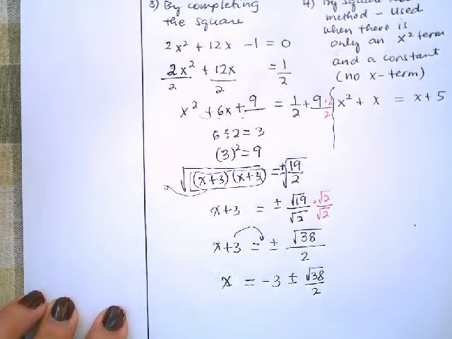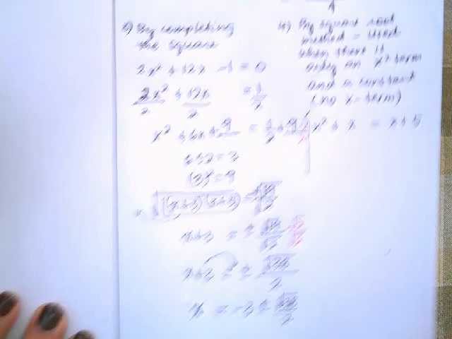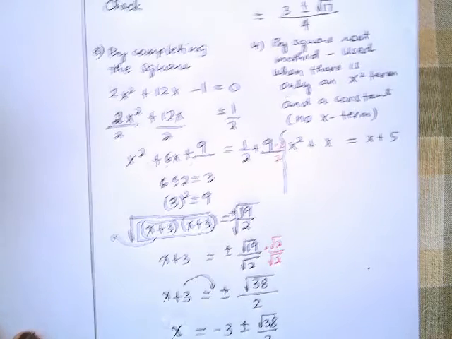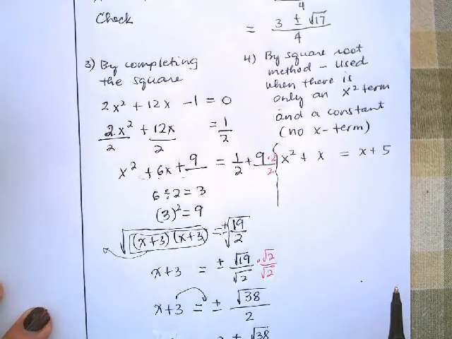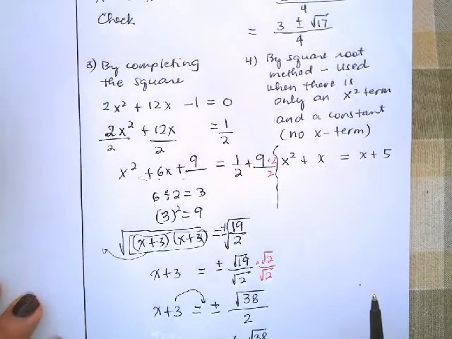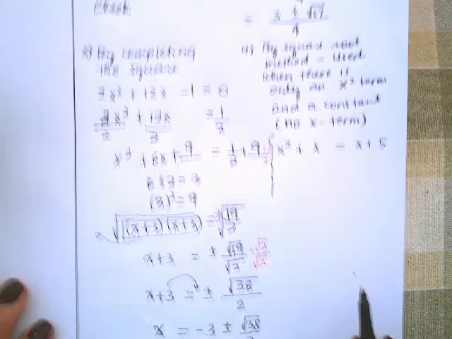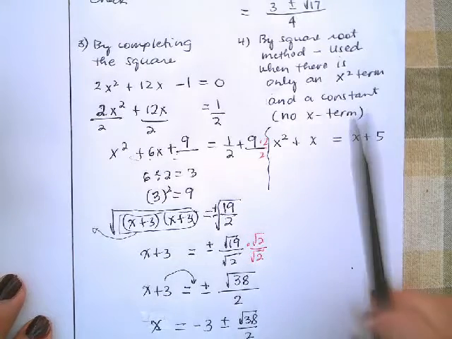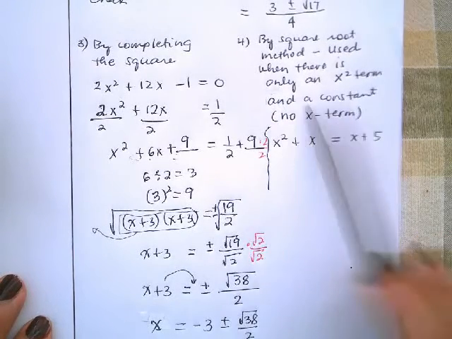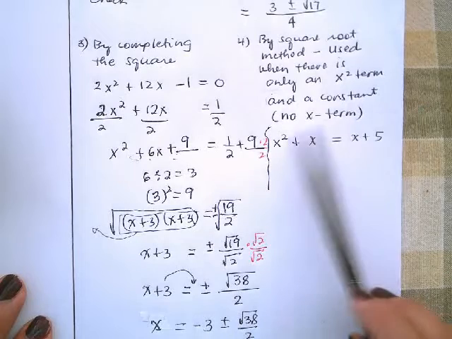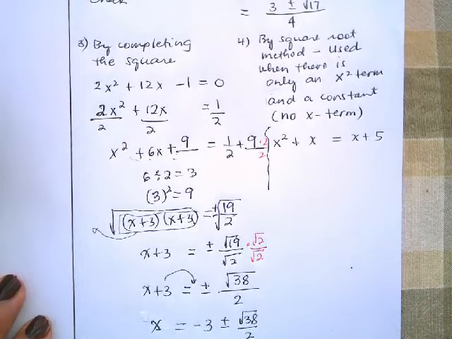And the last method that we are studying now is the square root method. This is just a shortcut. If you don't like to use this, that's okay. This will just make it easier for you when there is only an x squared term and a constant, and there is no x term.